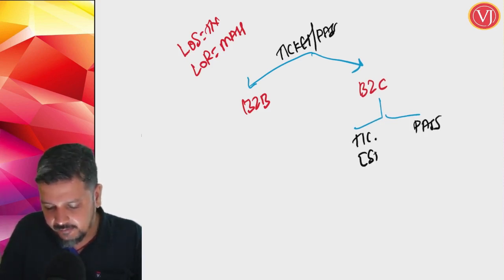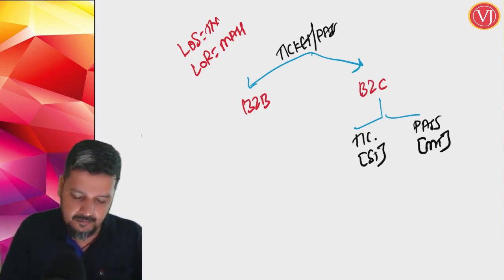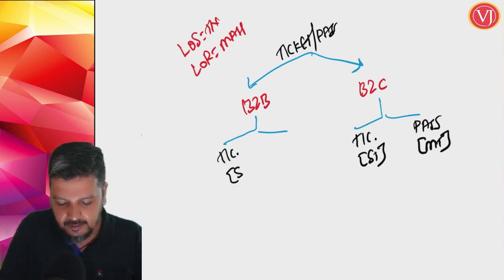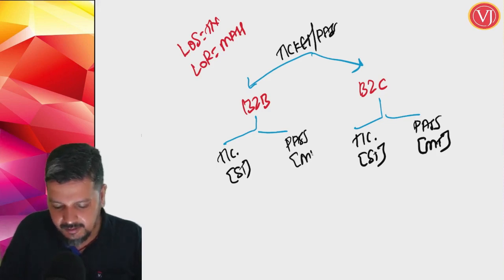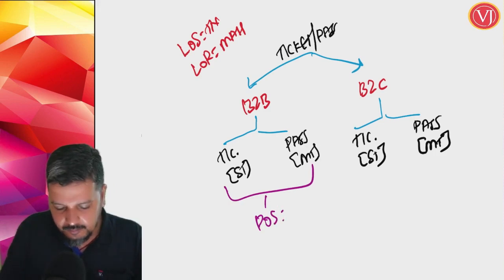Correct? If it is B2B, whether it is a ticket, that is single travel, or a pass, that is multiple travel, no issues. Place of supply is the location of recipient, which is Maharashtra. Correct?